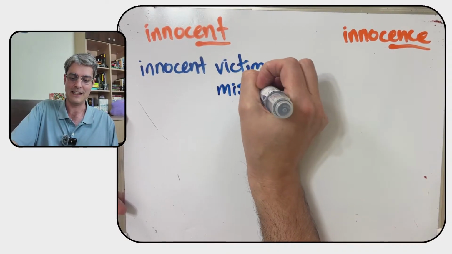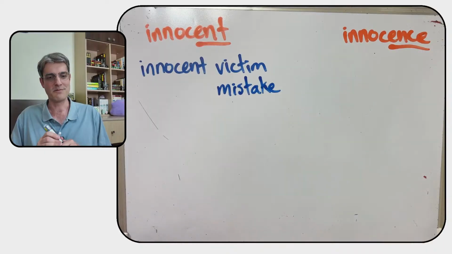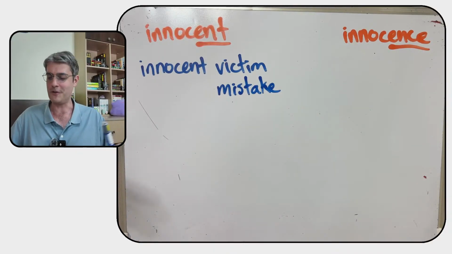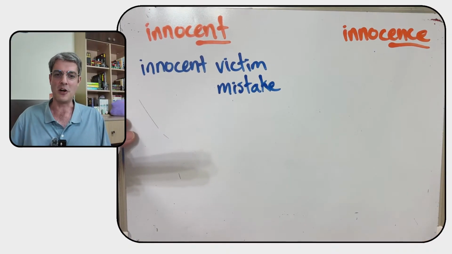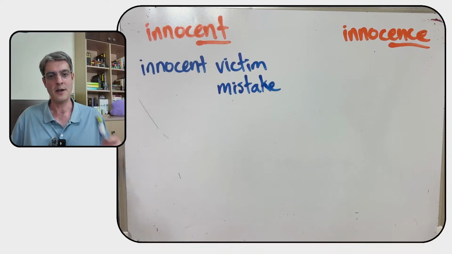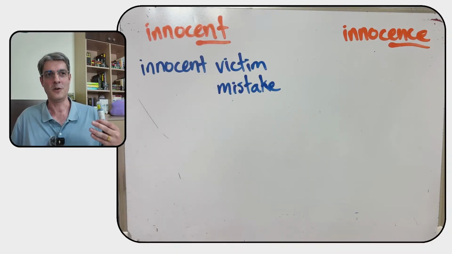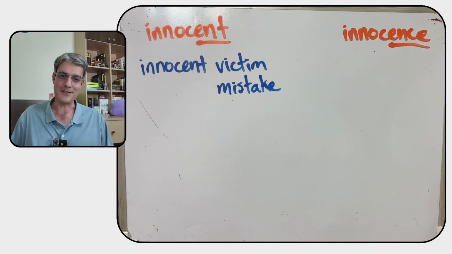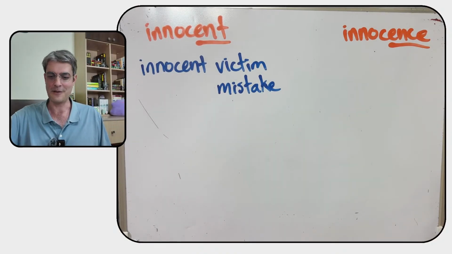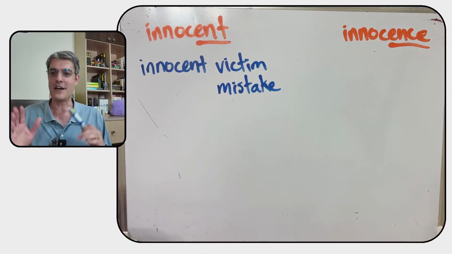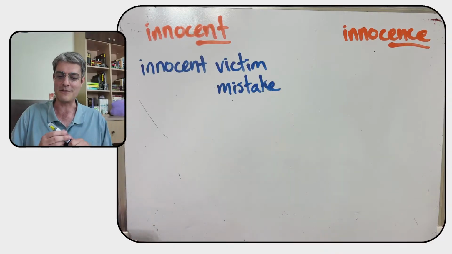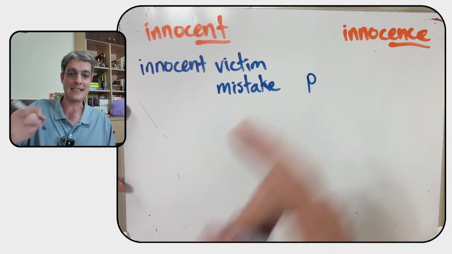You make a mistake, and it obviously wasn't purposeful, but it was just a small mistake. Maybe, in my case, I accidentally called one student the name of another student. It's an innocent mistake.